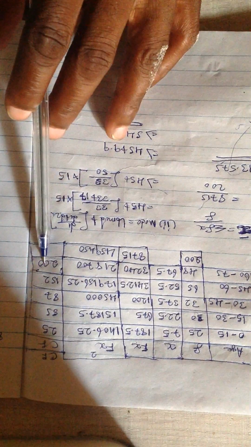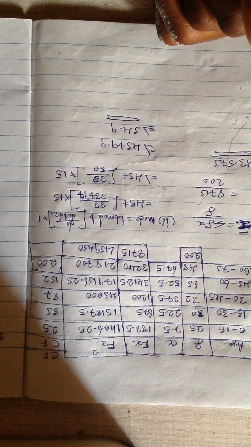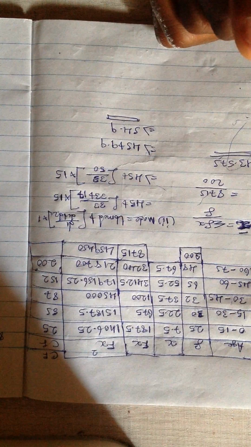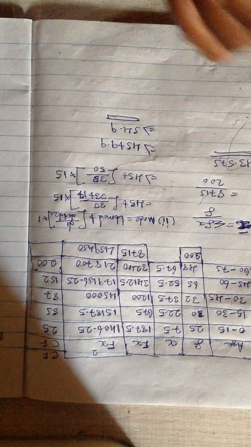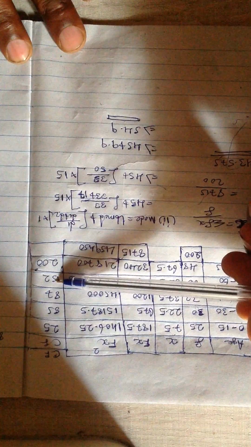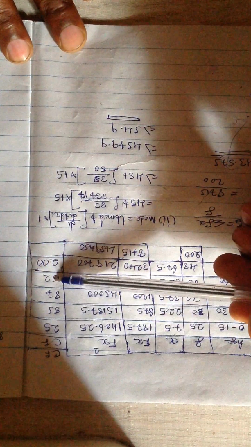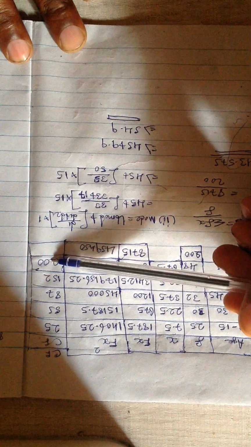But 200 here doesn't qualify. Why? Quite alright, 200 is greater than and equal to 100, but according to the definition, it is the class with the smallest cumulative frequency which is greater than or equal to 100. The one with the smallest cumulative frequency here greater than or equal to 100 is 152, not 200. Why?